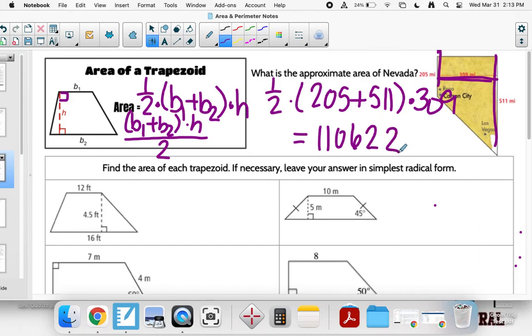Is that what you guys got? Yeah. Okay. And then our label, we're in miles, since it's area squared. Okay. Questions on that one?